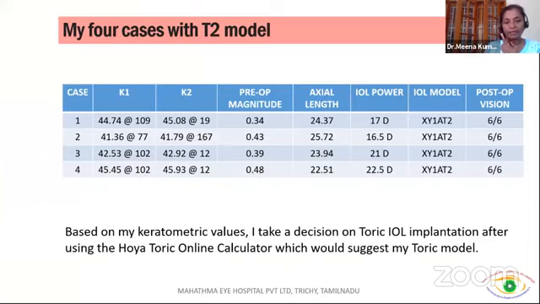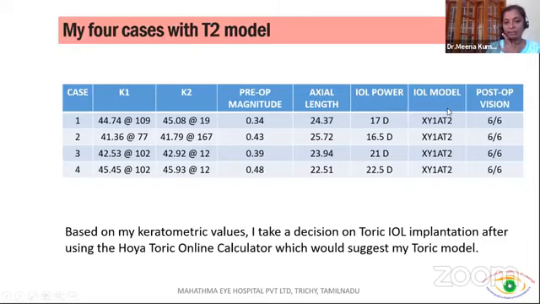And these are 4 eyes out of those 51 eyes where I had a pre-op magnitude of astigmatism less than 0.5 diopters, and these are the IOL powers I used, and all the patients had 6 nil glasses without any post-op surprises.